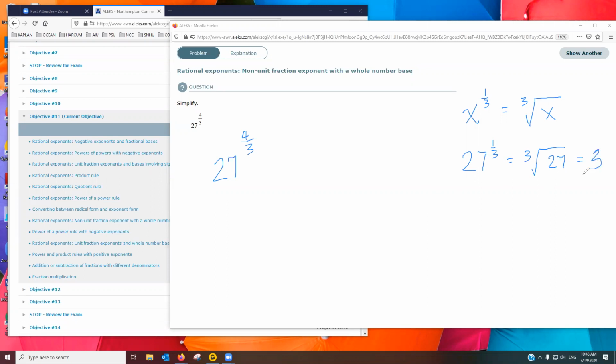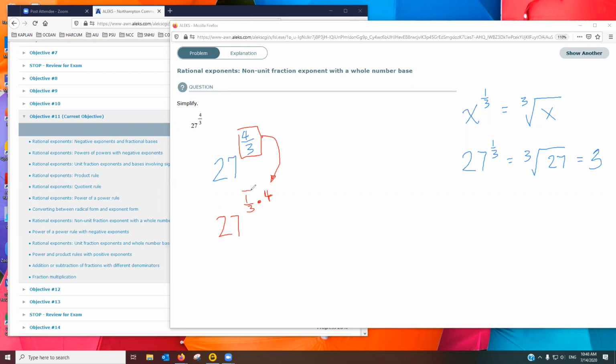That answer is 3. So in order to simplify this, what I'd like to be able to do is somehow try to get 27 to the 1/3 out of this expression. Well, here's what I do. I'm going to think of this fraction 4/3 as 1/3 times 4. Right? And 1/3 times 4 is the same as 4/3. So I can rewrite the fraction 4/3 as 1/3 times 4.